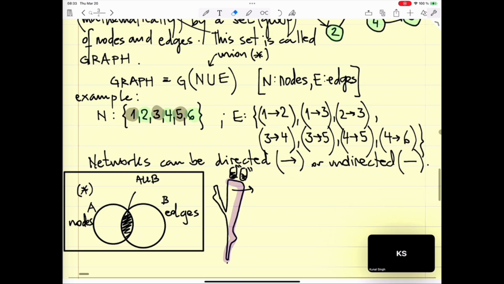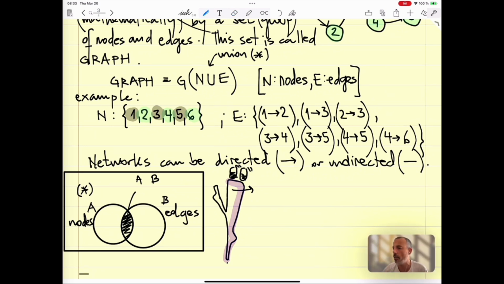You mean the intersection? Yeah, actually you're right. This is the intersection, and this is the union. I mean the union. So the whole thing is the union. You're right. The graph is the union. You need to have both.